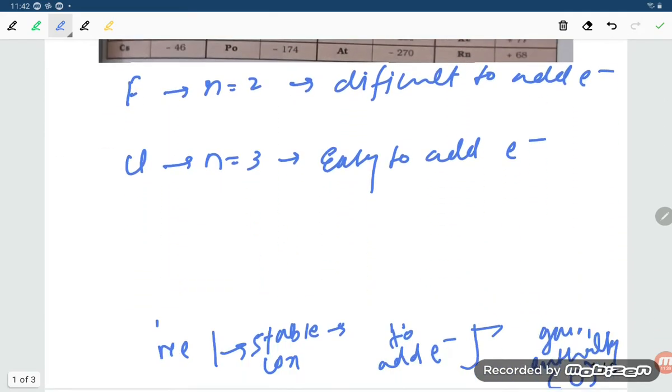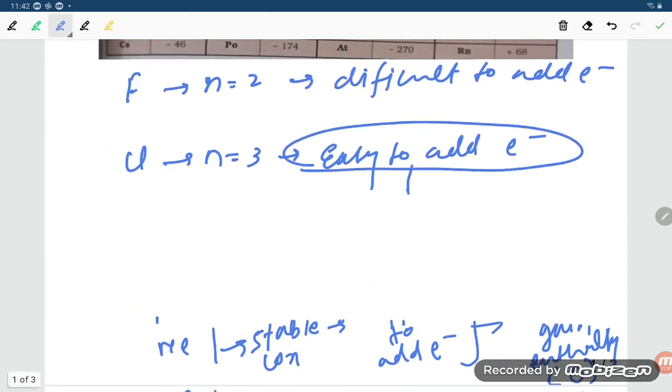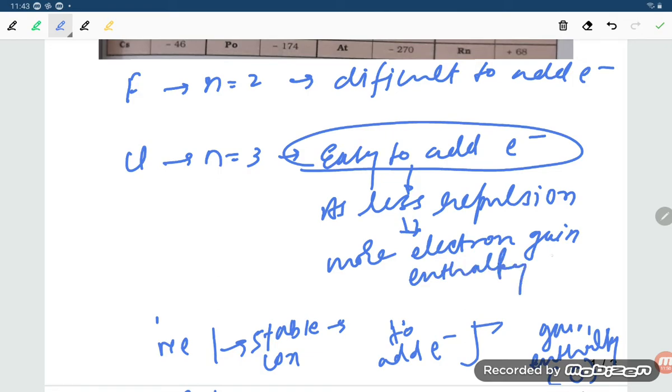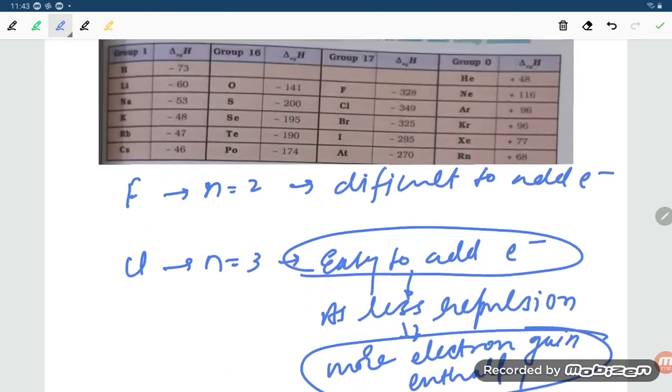If there is less repulsion, more energy is released, so more electron gain enthalpy.